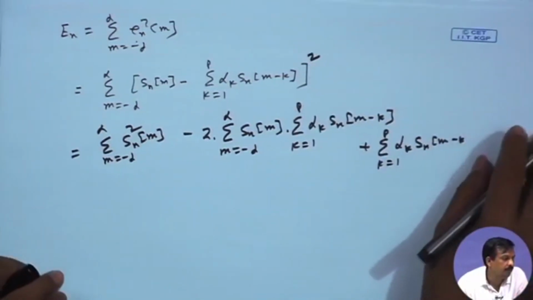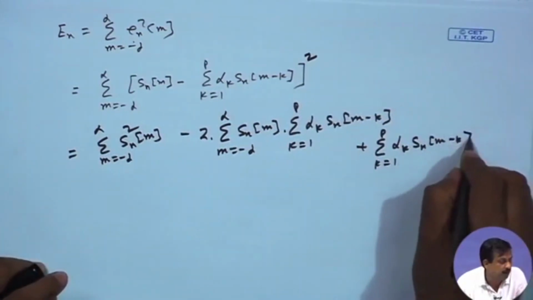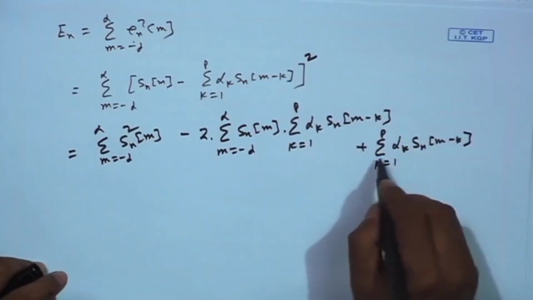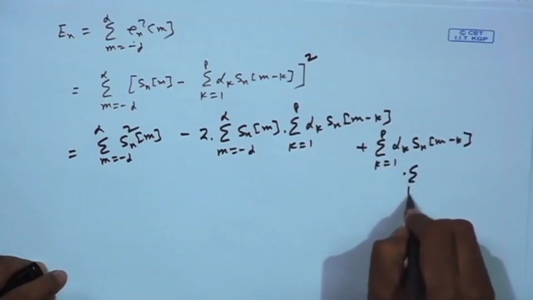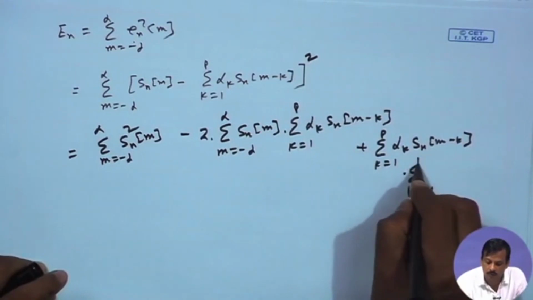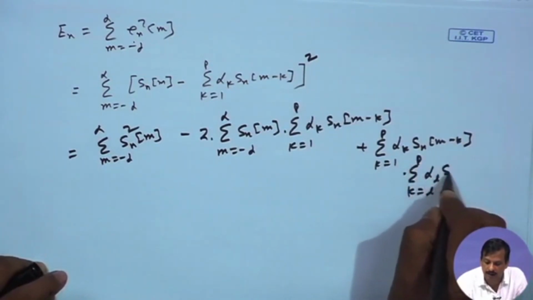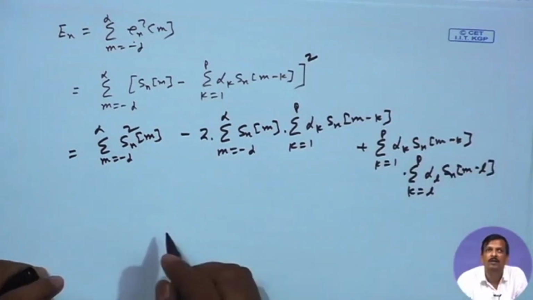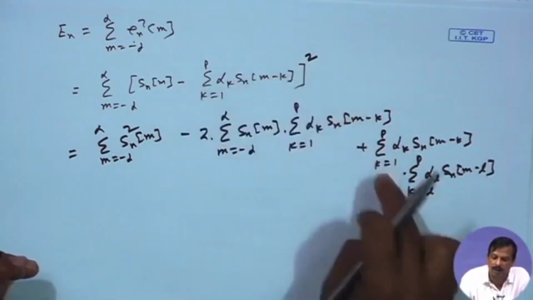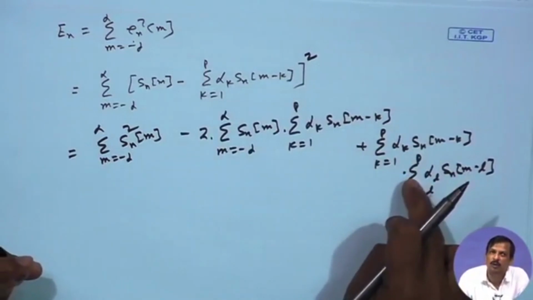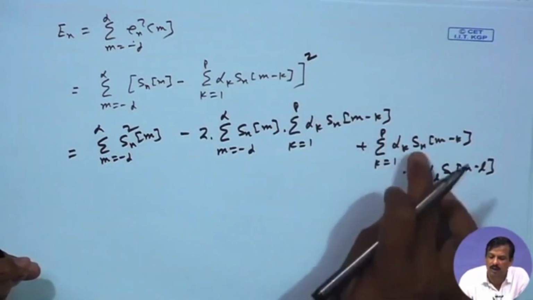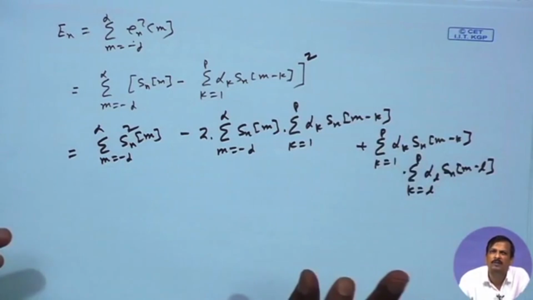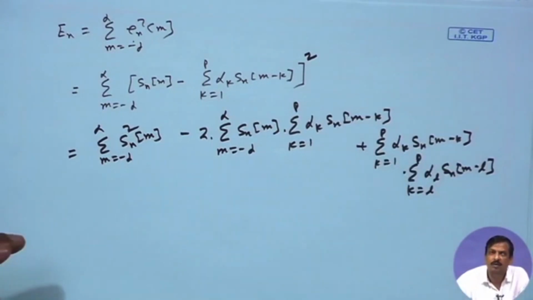The square of this term I can write as two summations, with k equal to 1 to p and l equal to 1 to p, multiplying alpha k and alpha l.